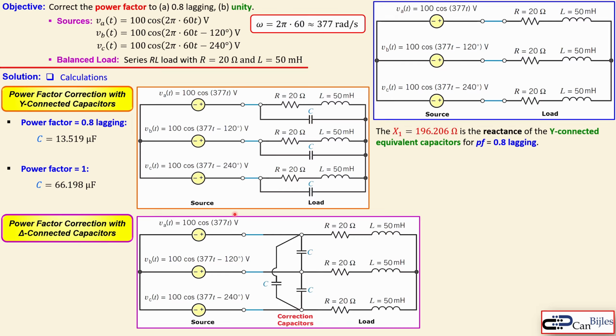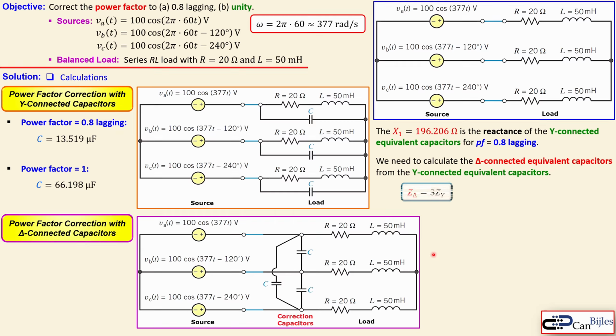So what is then the benefit of doing this? And what is the difference compared to the other configuration? Well, we have to make the conversion from our Y-connected equivalent capacitors to the delta-connected equivalent capacitors. That is done by looking at the delta and the Y connections, and that is the famous formula you know.